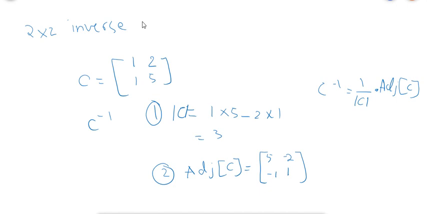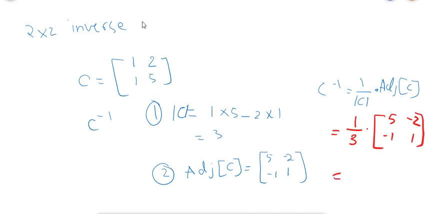Because of that, I told you this should not be equal to 0, because if it is equal to 0, it will be infinity. So this will be 1 over 3 multiplied by [5, minus 2; minus 1, 1].